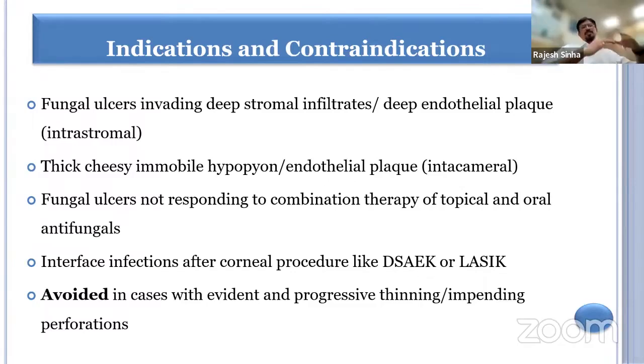Again, for the same reason, there is a place for the microbes to proliferate and the infiltrates to increase. So you have to give targeted therapy there. You have to use intrastromal injections. But in conditions wherein there is a lot of melting, there is thinning of the cornea, in such cases it should be avoided.